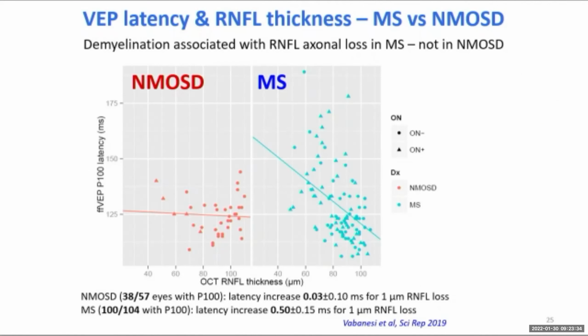Therefore, in MS, we find a good correlation between demyelination from delayed VEPs and the extent of axonal loss at OCT, while in NMO spectrum disorder, we find severe axonal loss without such a severe VEP delay because of the lack of the same amount of myelinated axons.